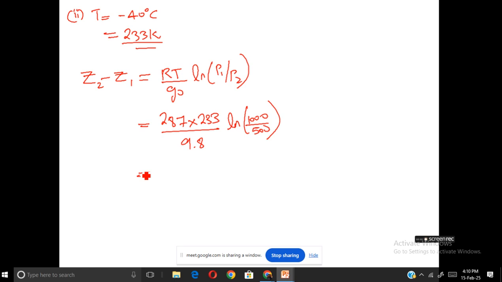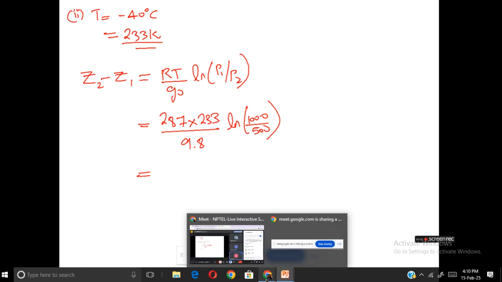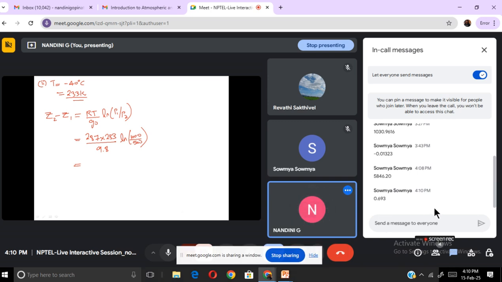How much will it come to over the polar region? What will be the thickness between these two layers?